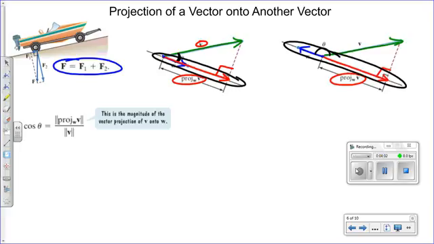In this case there's 180 degrees, and in this case there's 0 degrees because they're both going in the same direction.